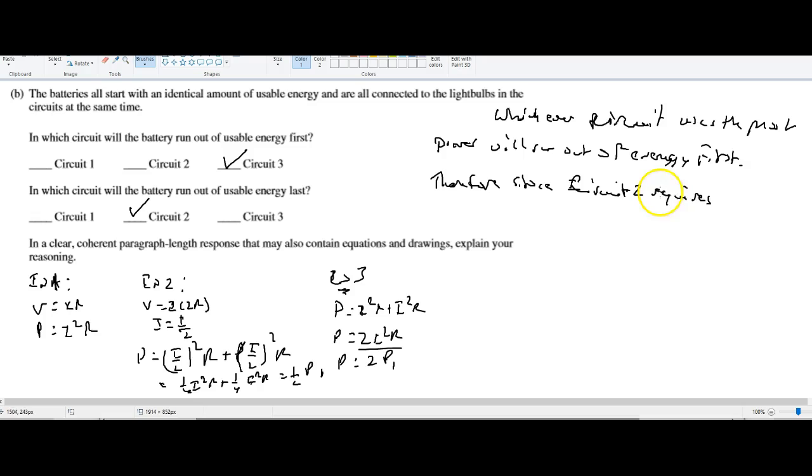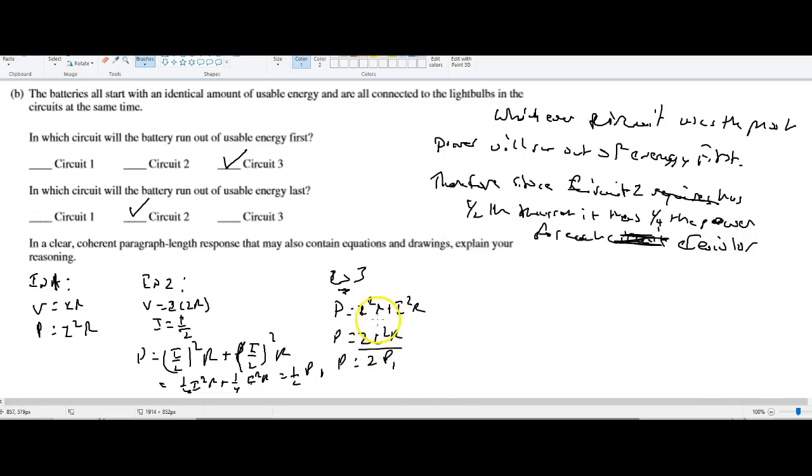So circuit 2 has half the current. It has 1/4 the power for each resistor. One line through it, resistor.